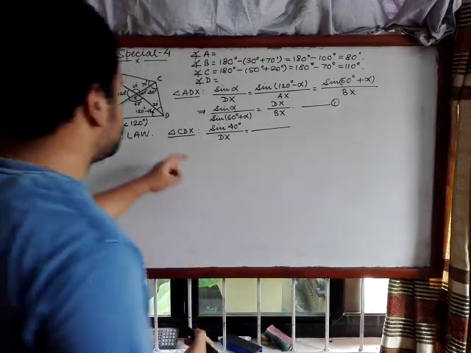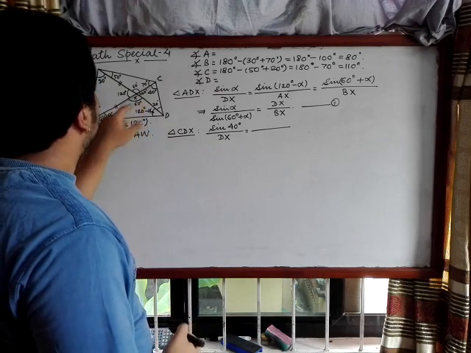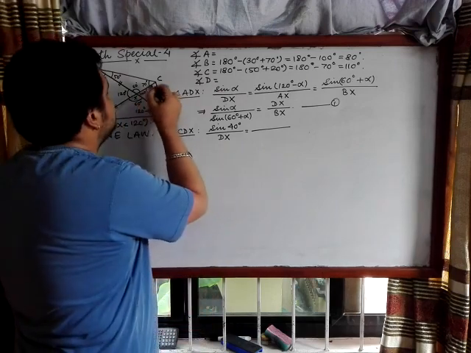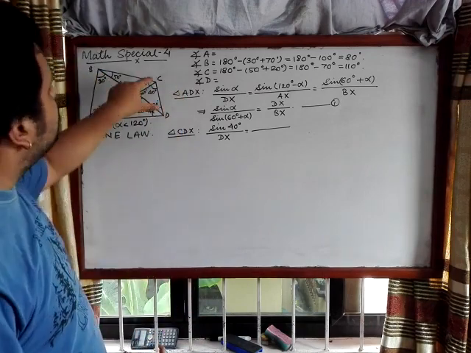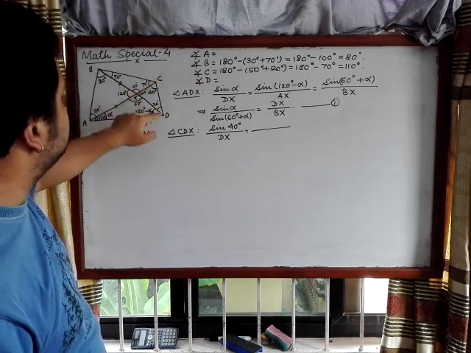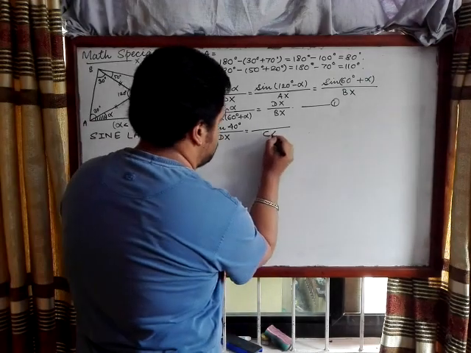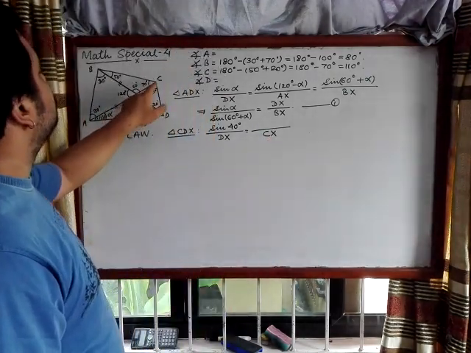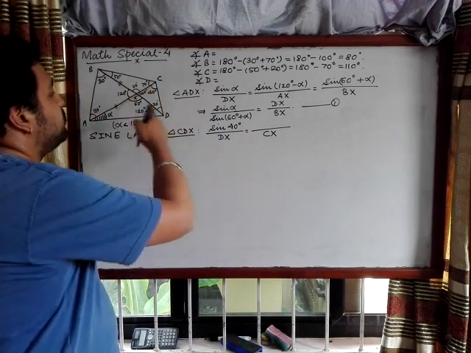Now we can choose either CX or CD, but if we choose CD, it will be a side of only one triangle. It won't be a common side to any of the triangles. So let's choose CX. Then CX will be a common side of this triangle and this triangle.